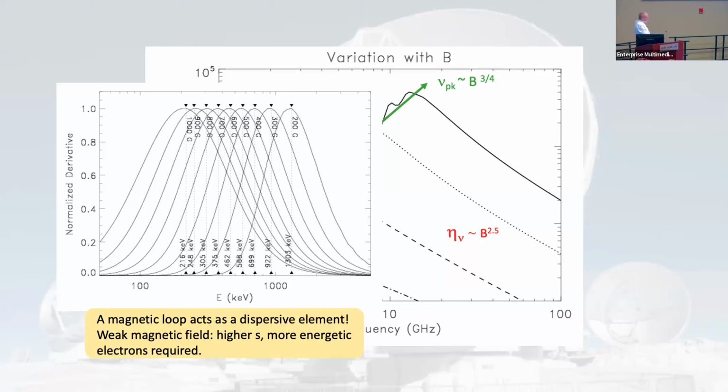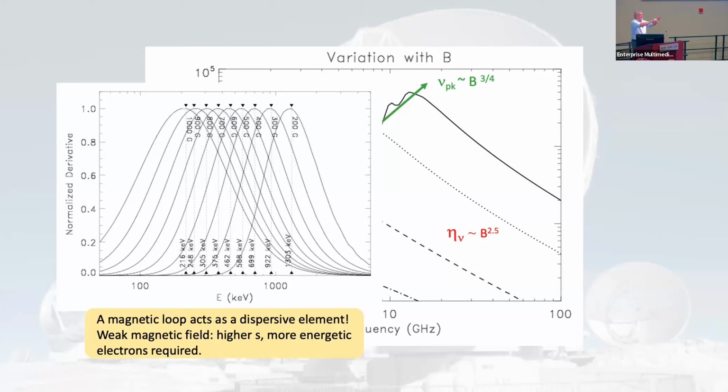So the typical energy for a power law distribution of electrons: electrons of a couple hundred keV will be producing the most in a 1,000 Gauss field. And as we go down to 200 Gauss, it requires electrons with more oomph to emit at a given frequency, higher harmonics, okay? And so higher energy electrons are involved.